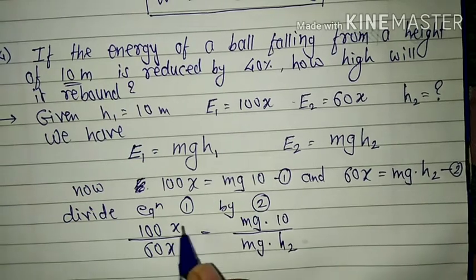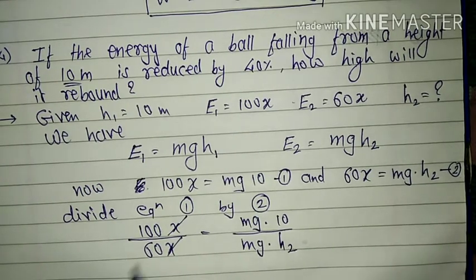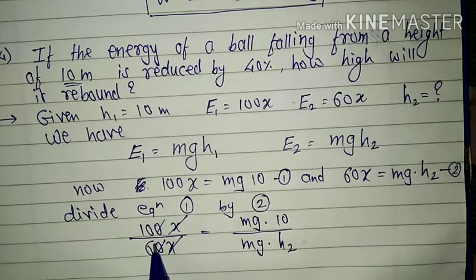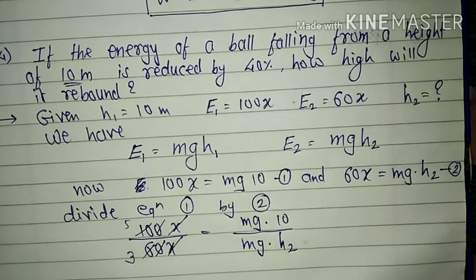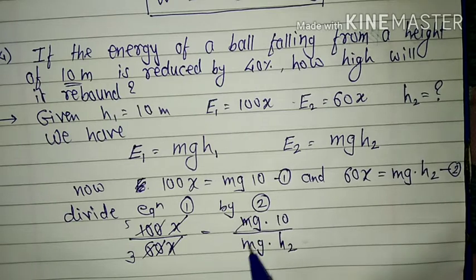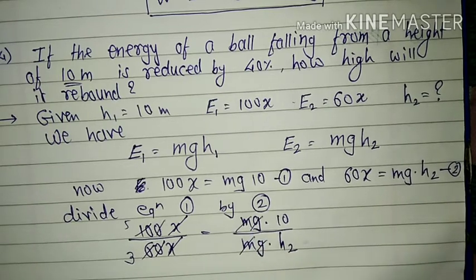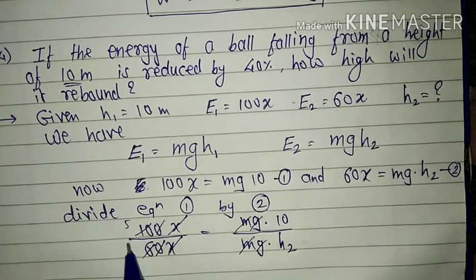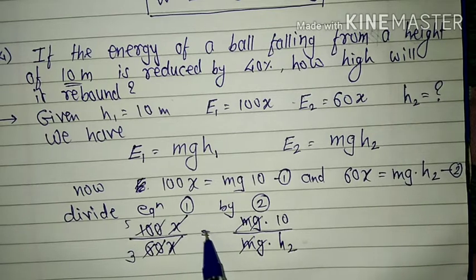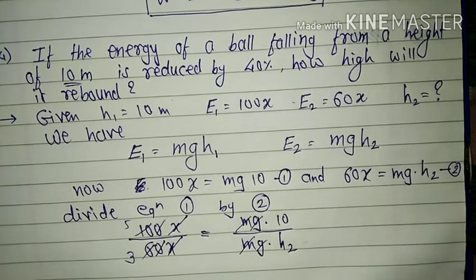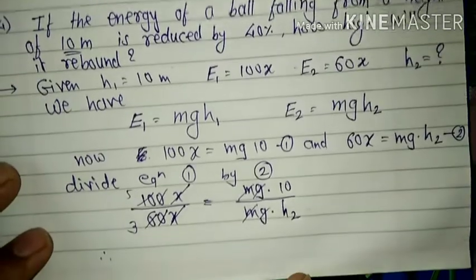Okay, x get cancel, 0 get cancel, then 2 3s are 6, 2 5s are 10. Okay, m get cancel, g get cancel, so remaining terms are 5 upon 3 is equal to 10 upon h2. So let us do cross multiplication.